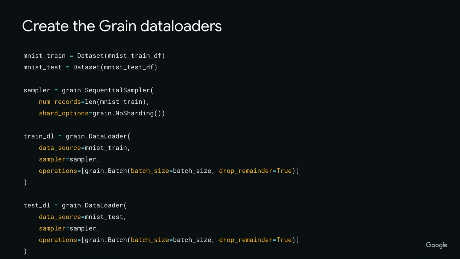For both the training and test sets, we pass the respective dataset object, the sampler, and specify an operation to batch the data. We use grain.Batch with our batch size and drop_remainder equals true to create batches and drop any incomplete batches at the end. This sets up our data loaders to provide batches of data for training and evaluation.